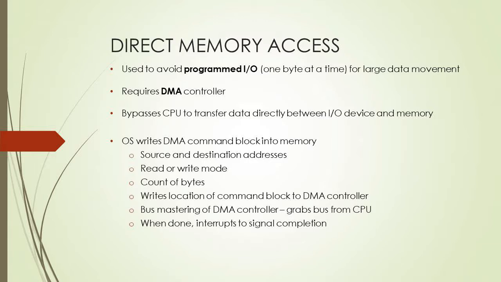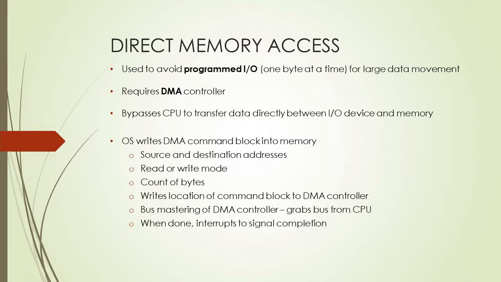Direct memory access, used to avoid programmed I/O, one byte at a time, for large data movement. It requires a DMA controller, which bypasses the CPU to transfer data directly between the I/O device and memory.